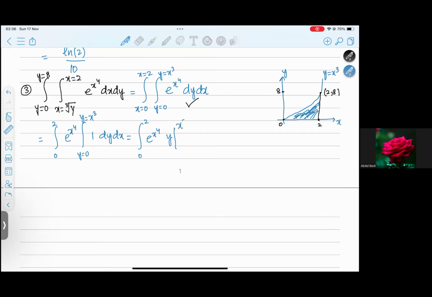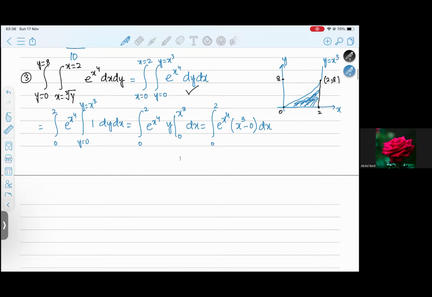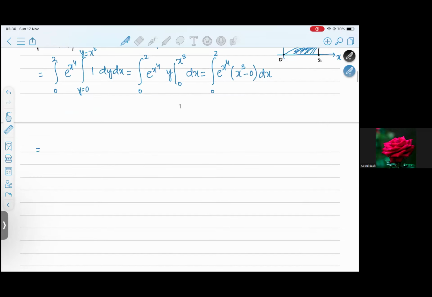Evaluating at limits from 0 to x cube dx. Okay, so plug in y is equal to x cube and y is equal to 0. You get x cube and 0, which is integral from 0 to 2 of e to the power x power 4 x cube dx.